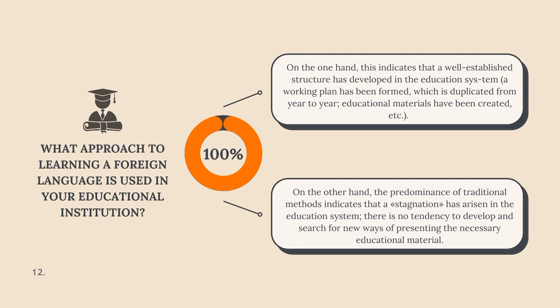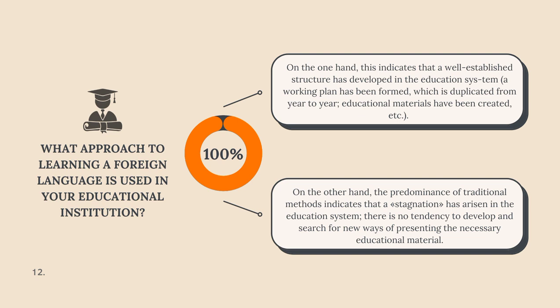On the other hand, the predominance of traditional methods indicates that a stagnation has arisen in the education system. There is no tendency to develop and search for new ways of presenting the necessary educational material.